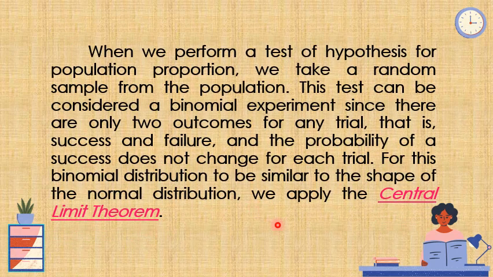When we perform a test of hypotheses for population proportion, we take a random sample from the population. This test can be considered a binomial experiment since there are only two outcomes for any trial, that is, success and failure. That's why it is a binomial experiment. And the probability of a success does not change for each trial.